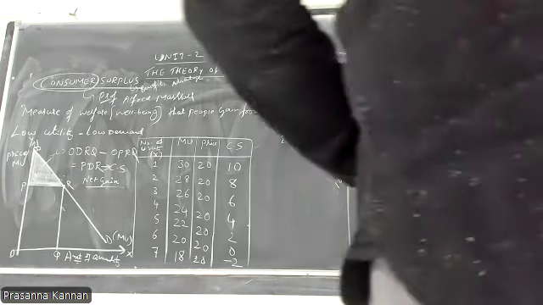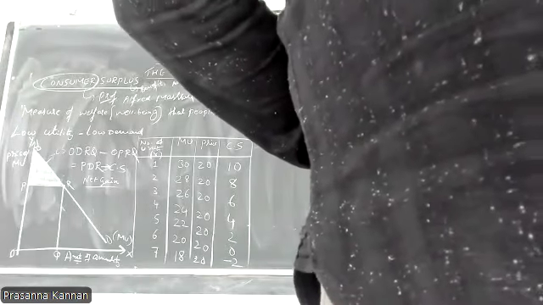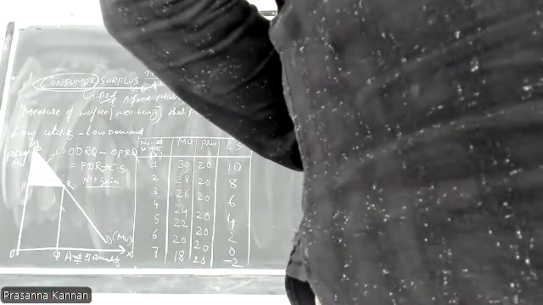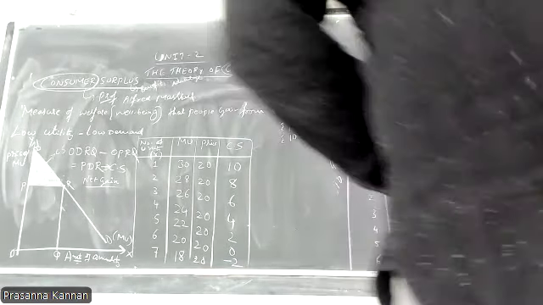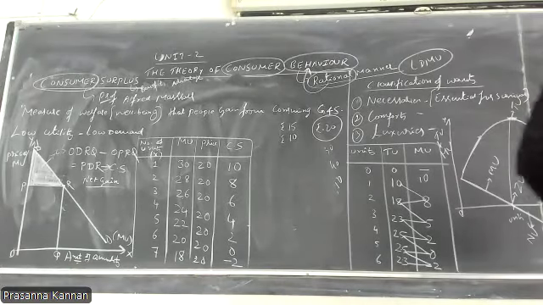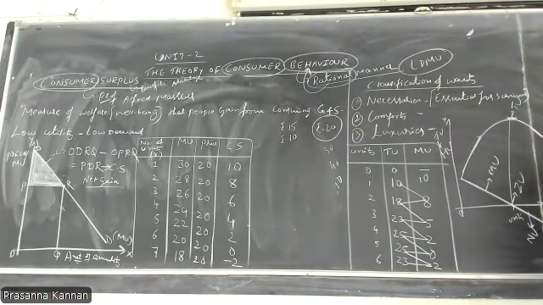Add one more. Utility can be measured in ordinal terms, like A, B, C, D, and E. Utility can be expressed in ordinal terms.